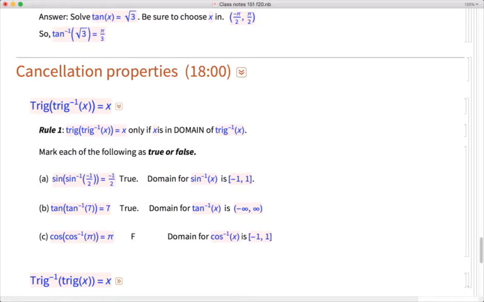So this one is false. False. And the underlying reason here is this is undefined. That's domain.